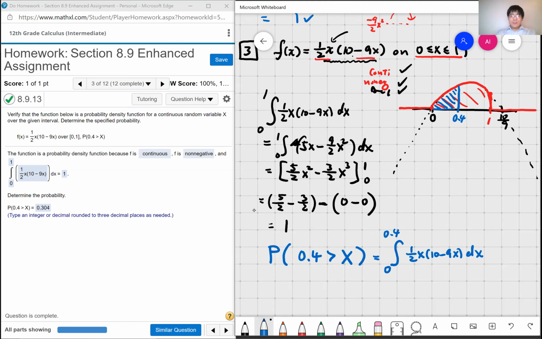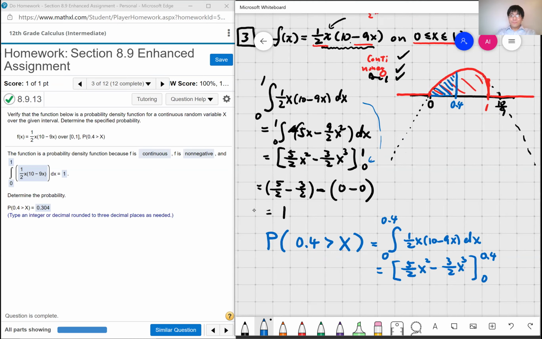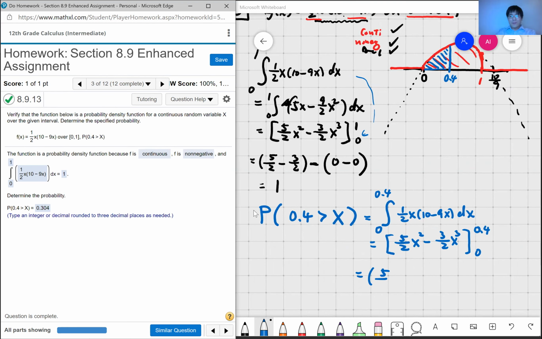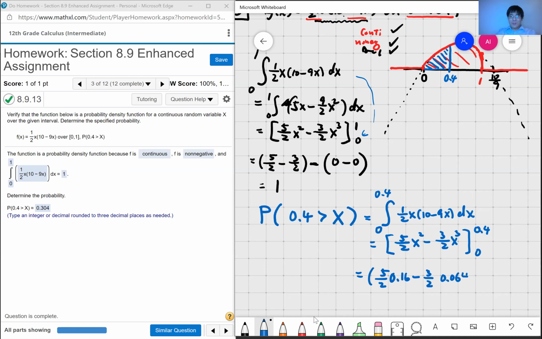Since this is the same function, its antiderivative is the same as this one, so let's just copy that. It's going to be 5 over 2 x squared minus 3 over 2 x cubed, and the value you plug in is 0.4. So plug in 0.4: 5 over 2 times 0.16, I'm just using decimals but you can use fractions if you want, minus 3 over 2 times 0.064.